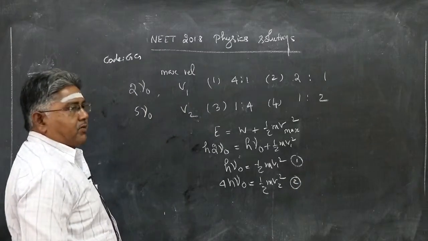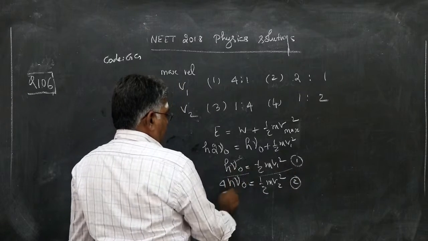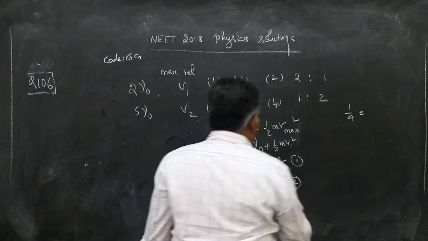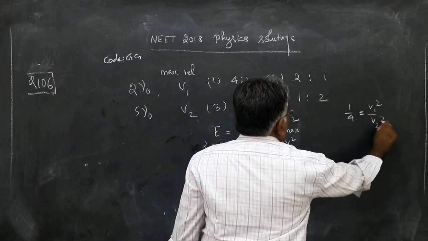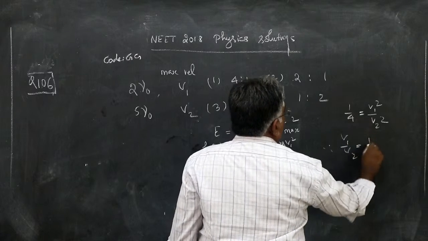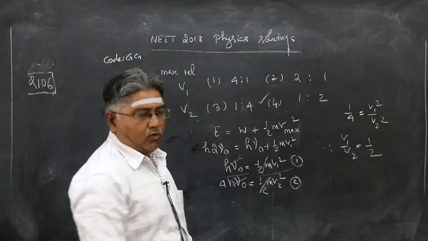Suppose to find V1 by V2, so divide. H nu naught will go, 1 by 4 is equal to half m will go, V1 square by V2 square. Therefore V1 by V2 will be 1 by 2 or 1:2. Answer 4 is correct.